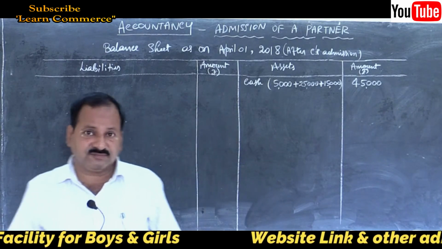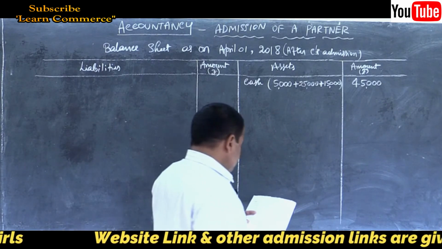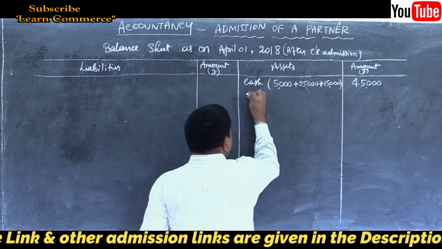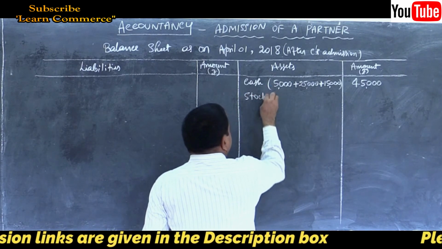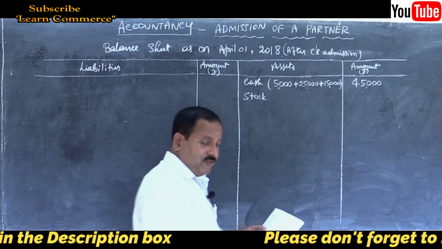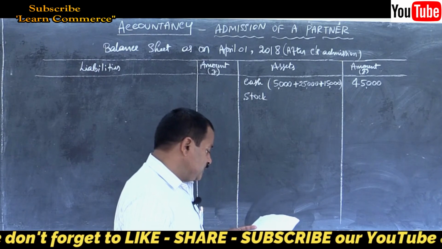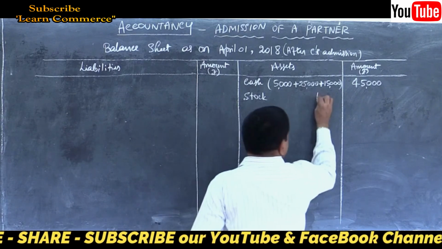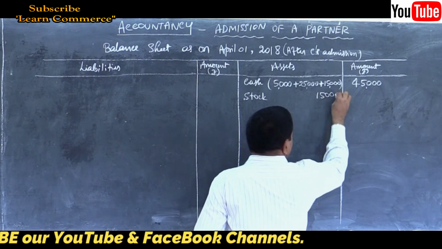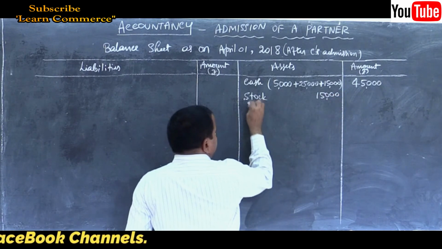Then next item is stock. There is change in the value. So inner column it was 15,000. Inner column 15,000 less decrease.